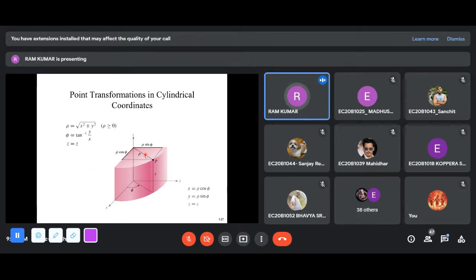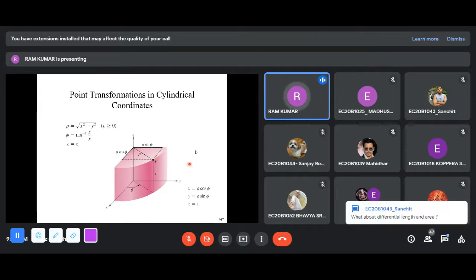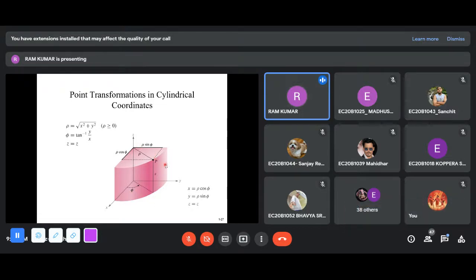Basically, you just see here. This is x, y, z. We have a part of a cylinder. Rho is the radius of the cylinder. Only a part of the cylinder is cut over here. Now what is rho? This is x and this is y. So rho is the square root of x square plus y square.